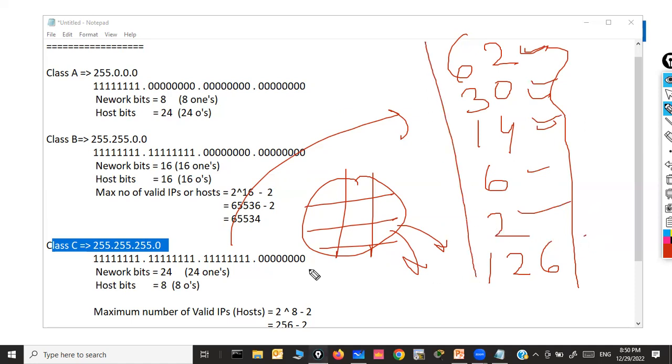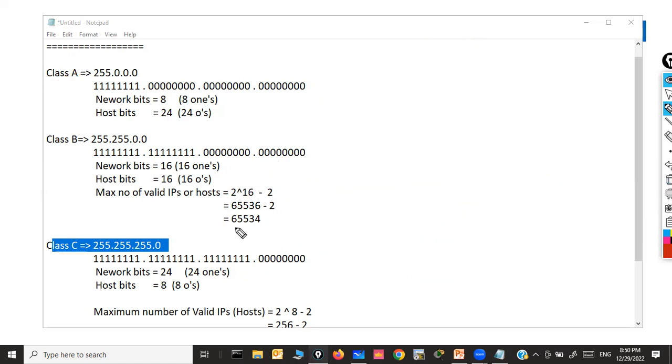So at least in class C, it is not looking like a very good option here, right? But think about class A or class B. Even in class B, in a single network there can be a maximum of 65,534 IPs.